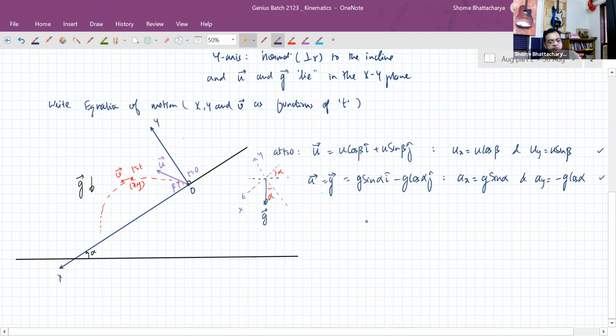So next thing from this, we want to write what is px, what is x, and what is py as a function of time, and what is the y coordinate. Once you do that, from that we can generate the velocity and we can generate the displacement at time t.